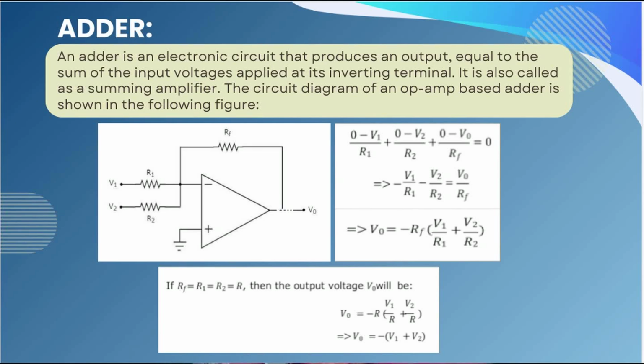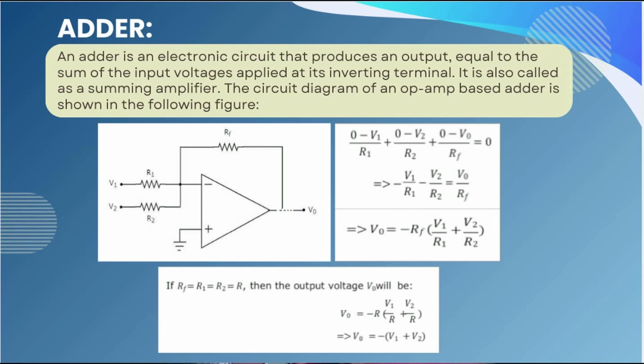So the voltage at the inverting terminal will be 0 volt. And the equations for the adder are given here. The op-amp based adder circuit will produce the sum of the two input voltages, that is V1 and V2, as the output when all the resistors present in the circuit are of the same value.